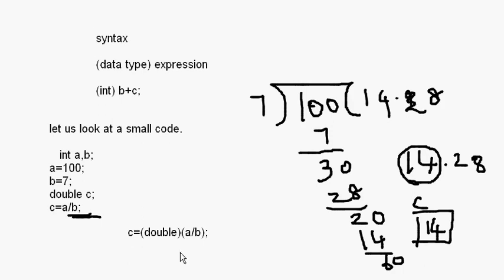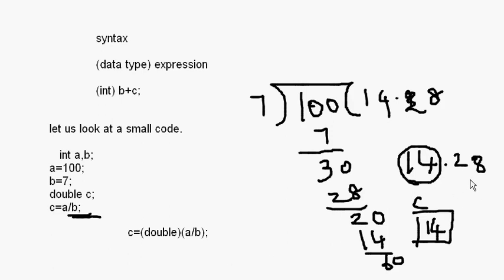Now, this particular expression is evaluated to be of a double data type. So if we do this, in that case, the whole 14.28 will get stored in this C.